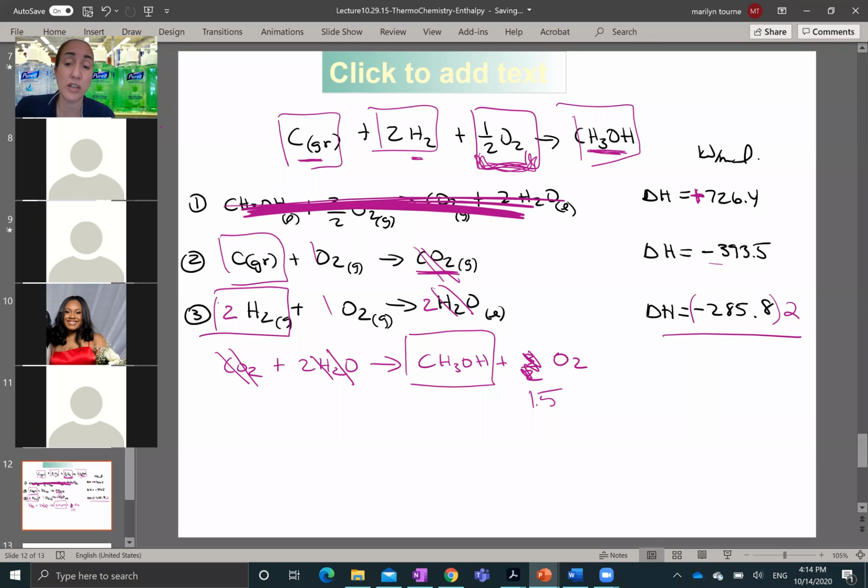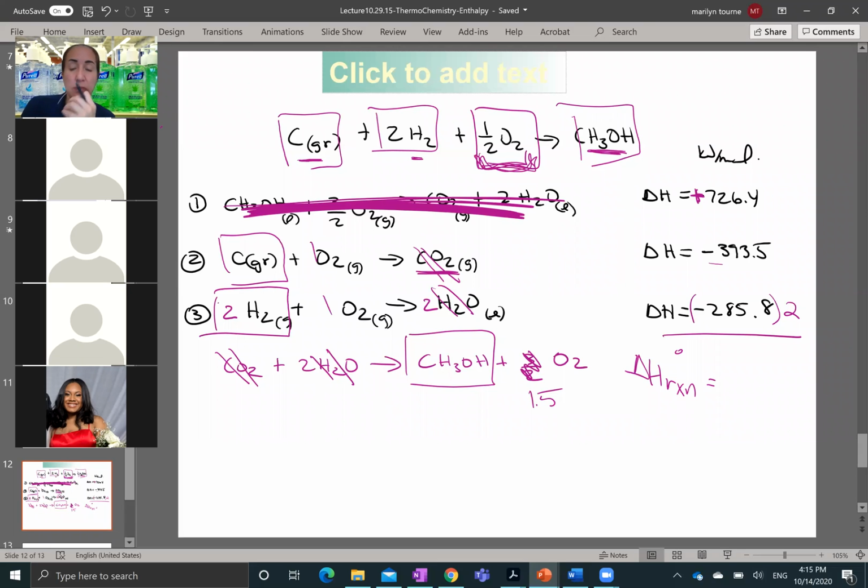Now you can actually give me the final enthalpy of reaction value. So what is that? Can someone tell me what that is? Is it negative 373?